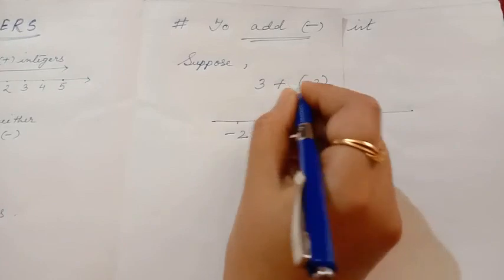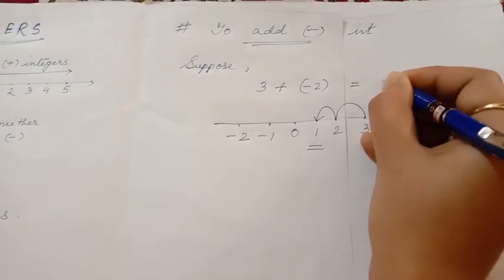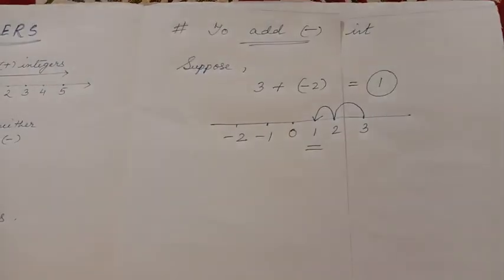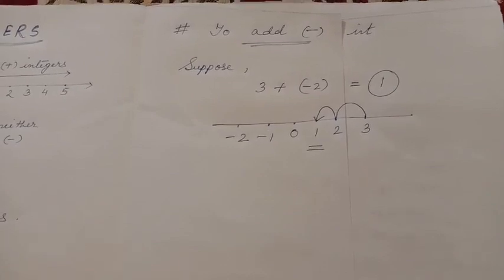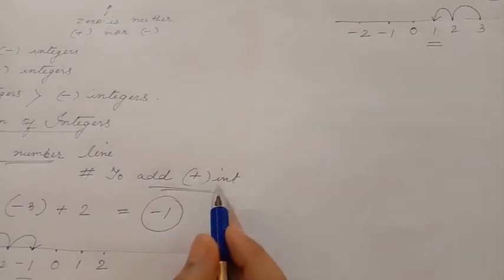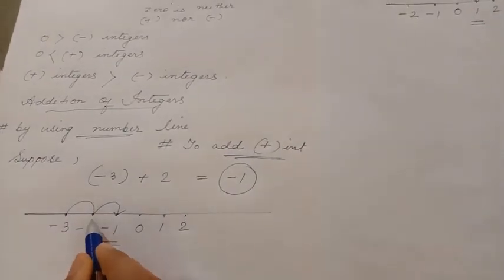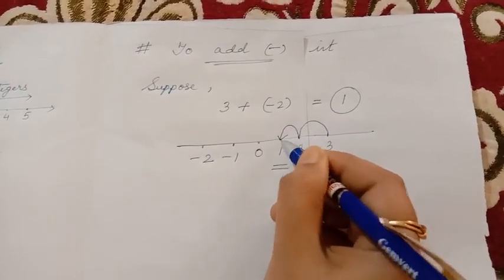So 3 plus minus 2 will be +1. So to add positive integers, you move to the right, and to add negative integers, you move to the left.